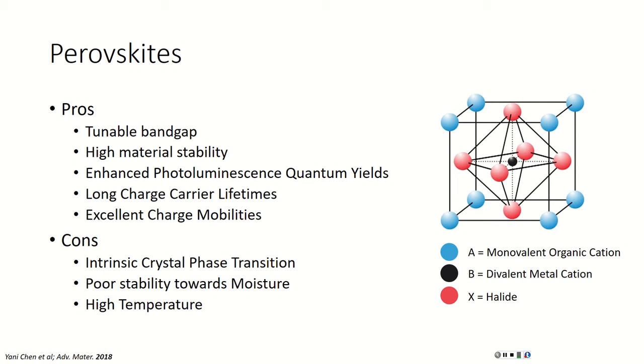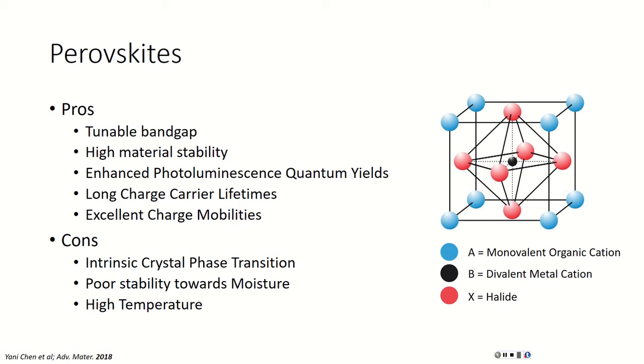Wherever you see the blue circles, that's usually an organic cation. In most cases, the most common you'll see is formamidinium or methylammonium. The B sits inside the octahedral cage formed by the halides.